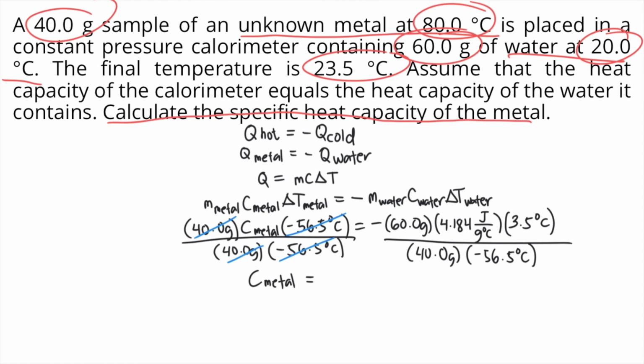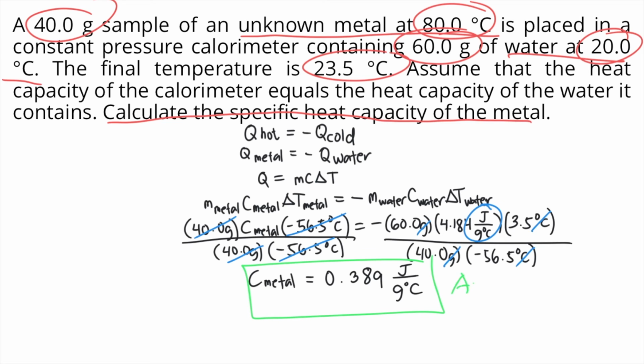You will get approximately 0.389. Let's check the units. Grams will cancel, degrees Celsius will cancel. So the unit is joules per gram degree Celsius. This is the C, or the specific heat capacity of the metal, and the answer to the question.